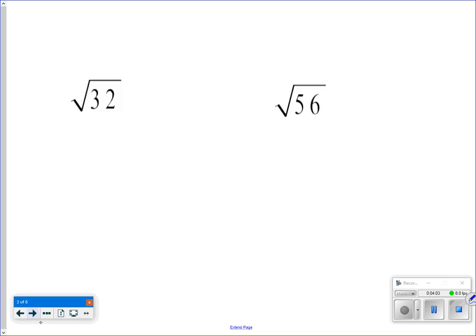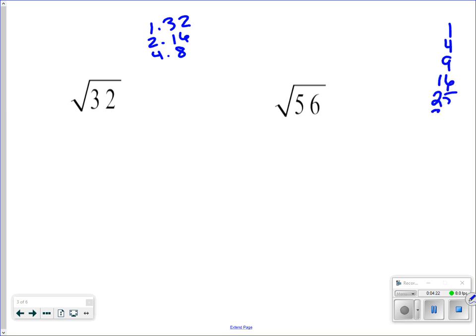32. Think of all the numbers you can think of that multiply together to give you 32. 1 times 32, 2 times 16, 4 times 8. There's a couple numbers that are on that list.